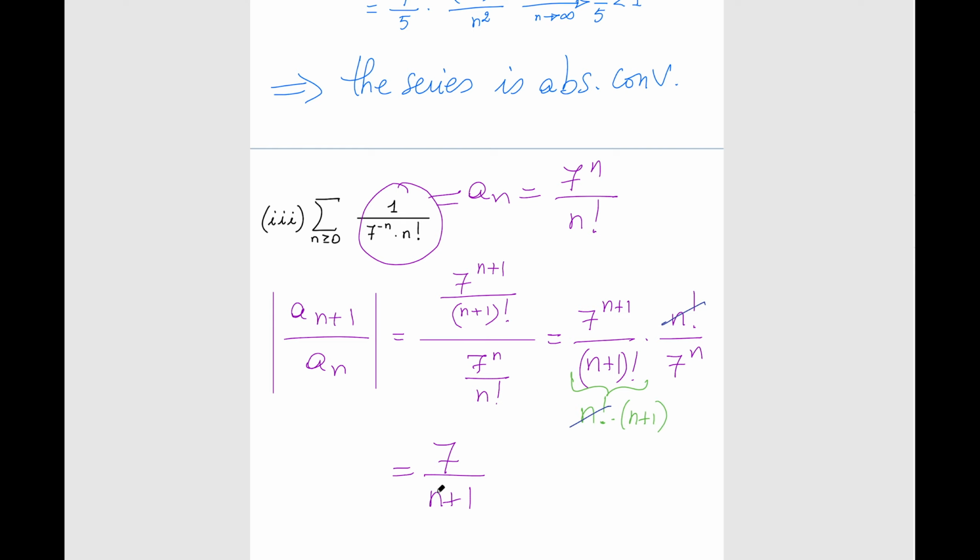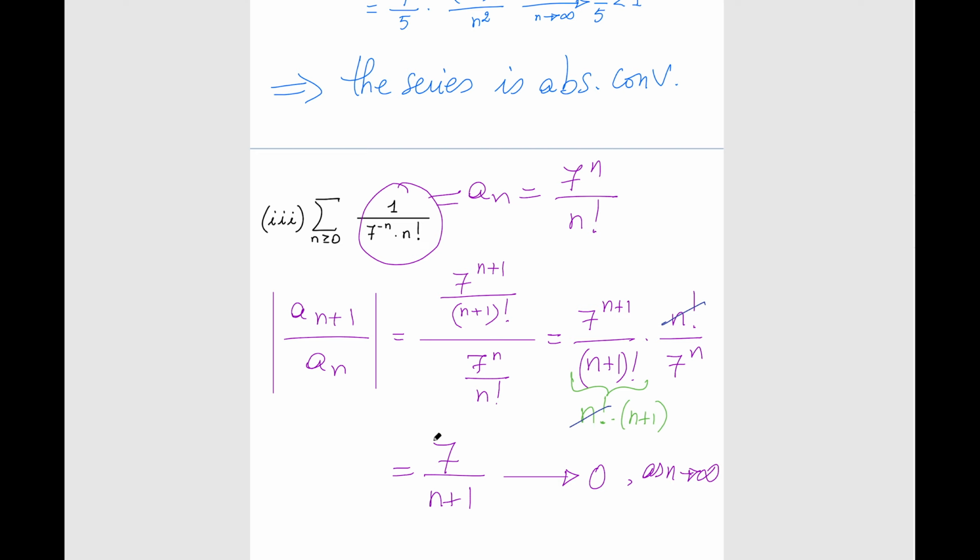So this is the absolute value of the ratio. And where does this go as n goes to infinity? Well, as n goes to infinity, this is going to go to 0, right? Because that guy downstairs is going to blow up, and upstairs is 7. It's a pure constant, which is non-zero. Even if that's 0, this whole thing is going to be 0, right?